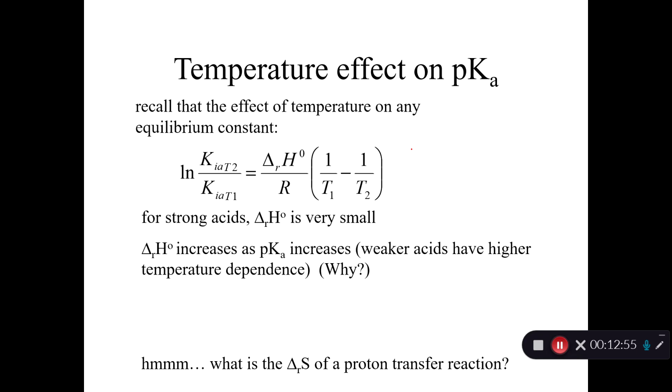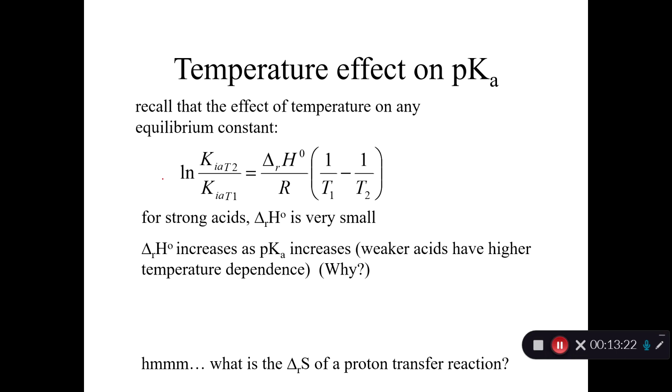So as with all the other equilibrium constants we've talked about in this class, we want to quantify the effect of temperature. When chemical reactions are fast and reversible, that means that their activation energy, as you say in your country, is relatively small. And if activation energy is small, then the overall delta H of the reaction also must be pretty small.